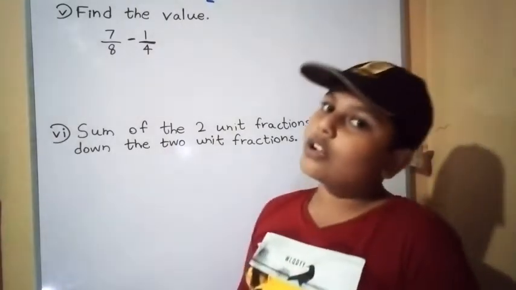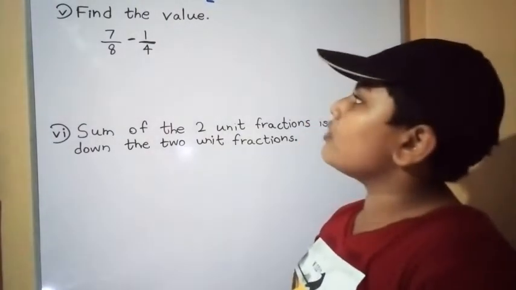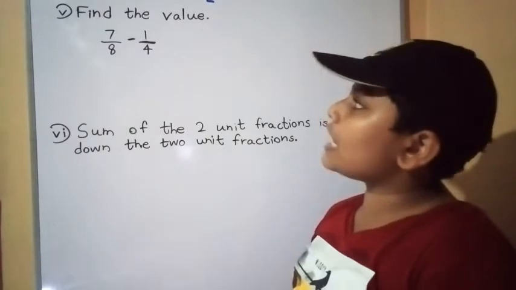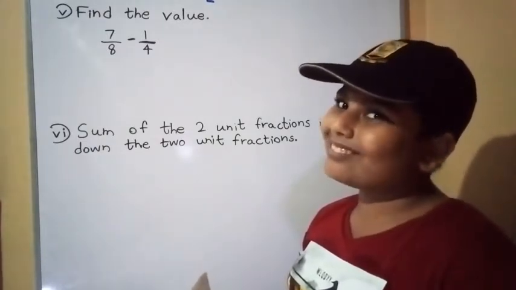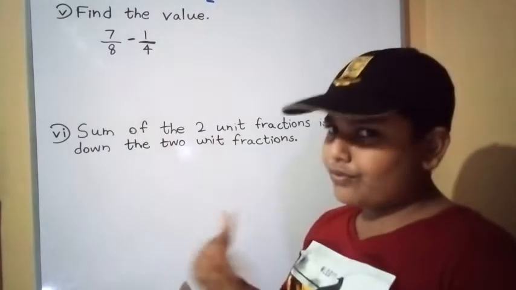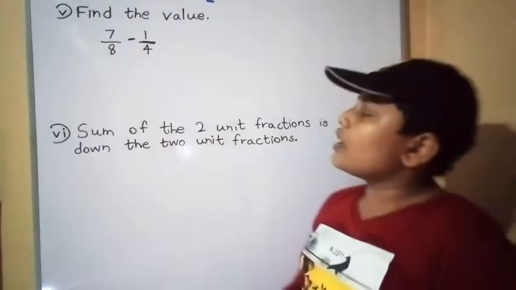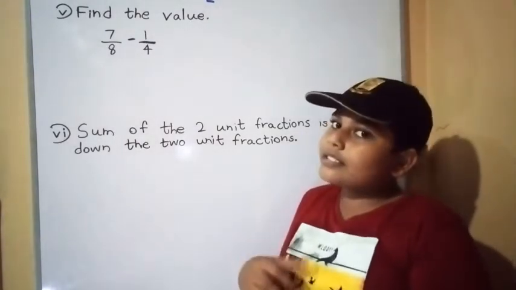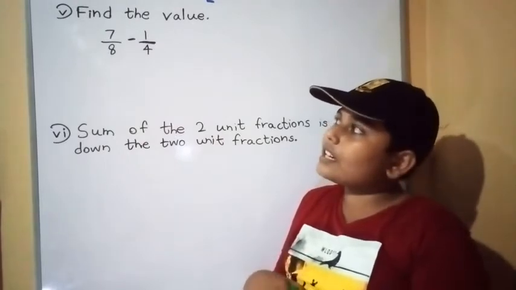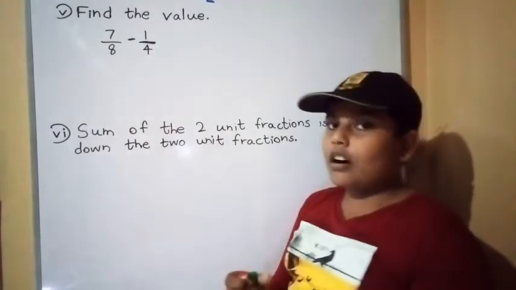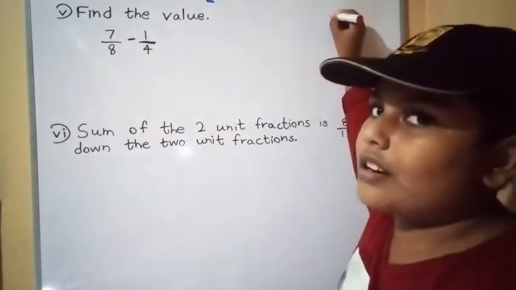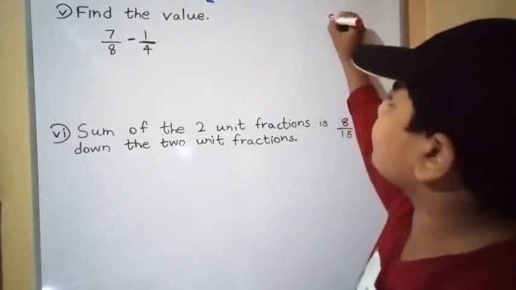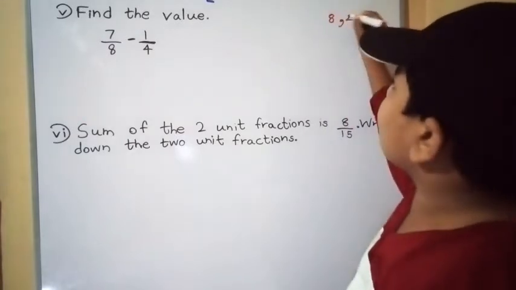The fifth one, find the value of 8 over 7 subtract from 4 over 1. How can I find that? Now, you want to get the same denominator for both. Firstly, get the common multiple of the denominators 8 and 4.